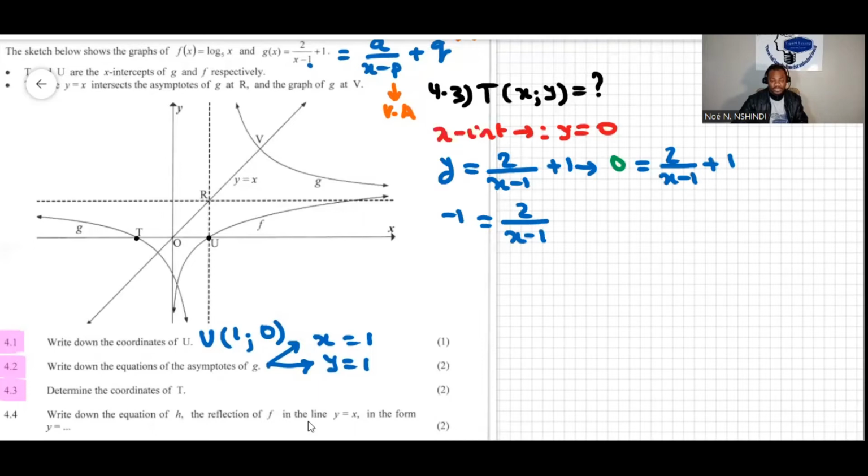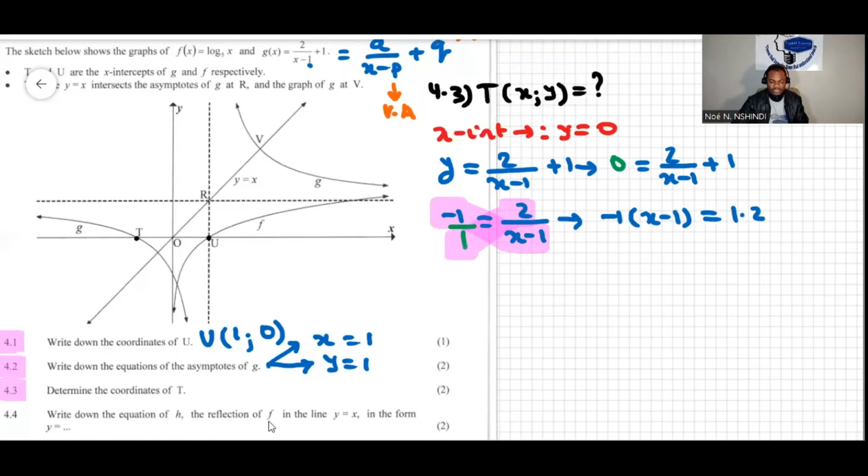Now negative 1 is like it has a denominator of 1. All integers are also fractions with denominator 1, so we can just take negative 1 times x minus 1, and 1 times 2. That's by the cross multiplication technique. So this means negative 1 times x minus 1 equal to 1 times 2.